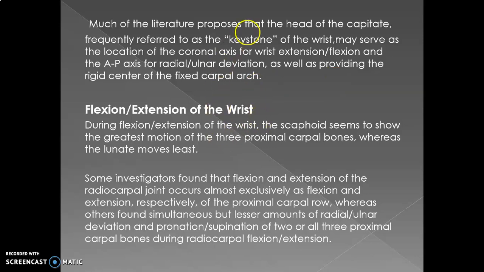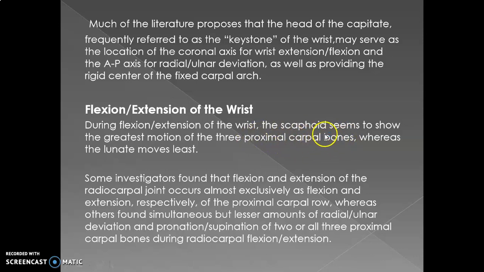So what are the motions present in the wrist joint? We'll study the biomechanics of it. Flexion and extension of the wrist joint. During flexion or extension of the wrist joint, the scaphoid seems to show the greatest motion of the 3 proximal carpal bones. In the proximal carpal row, we are talking only about 3 proximal carpal bones, not the pisiform.